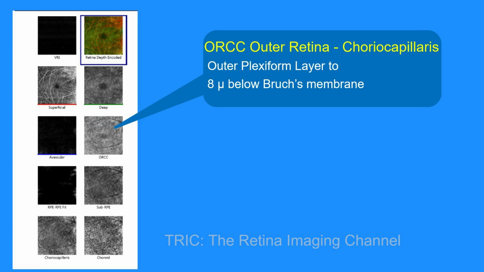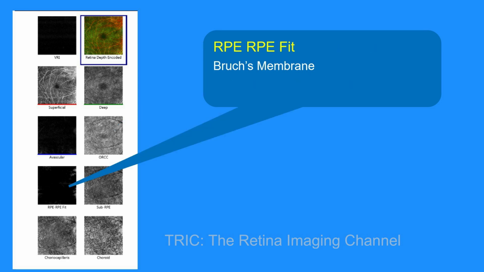Next is ORCC. This is one of the most vital sections which we get on the OCTA. ORCC means outer retina to choriocapillaries. In reality, it is the image from outer plexiform layer to 8 micron below Bruch's membrane. Next is RPE fit. This RPE fit is nothing but another name for Bruch's membrane.